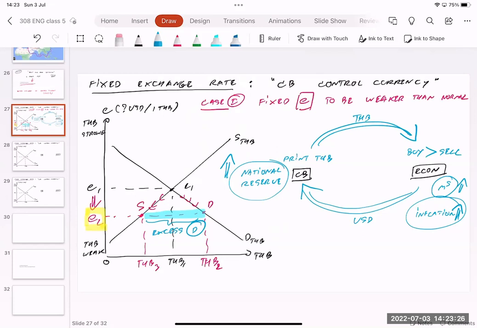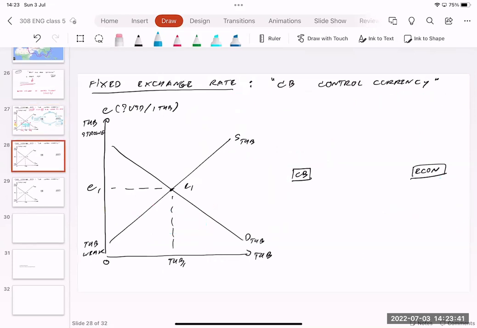So this is the good side and the bad side of this policy. So this is the first case, to fix the currency to be weaker than normal. Next one, we're going to talk about the opposite case. So this case is, let's say, case number 2.